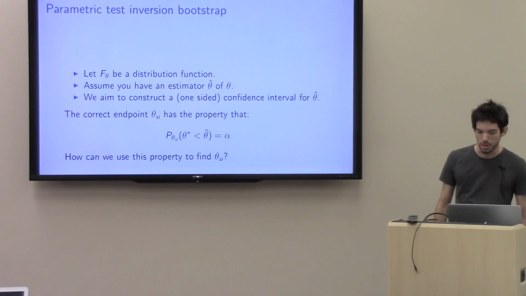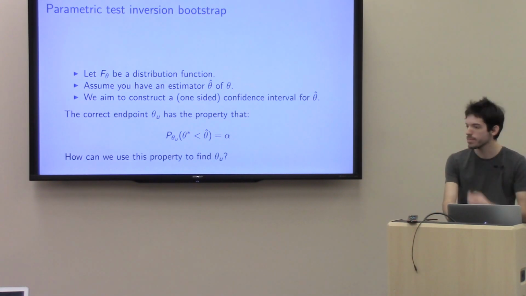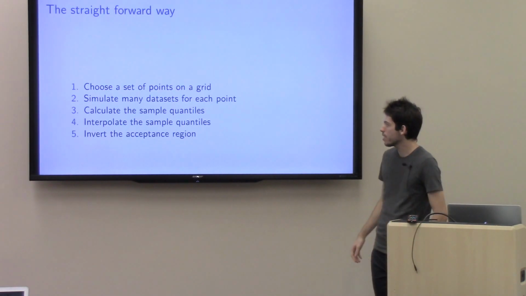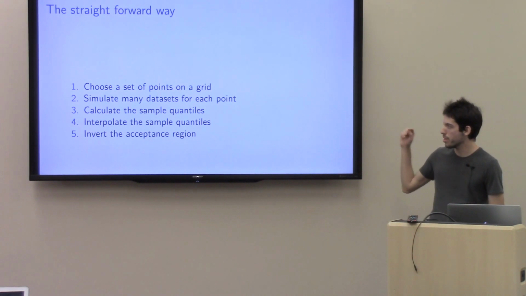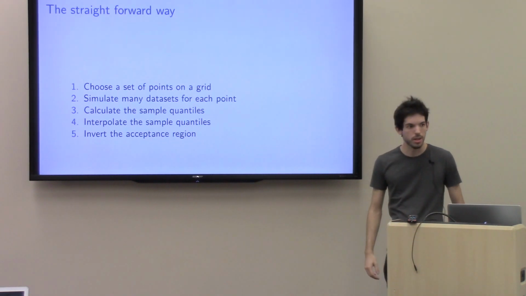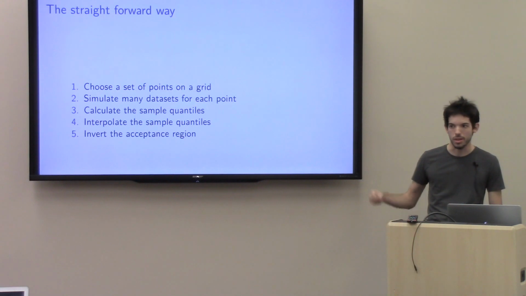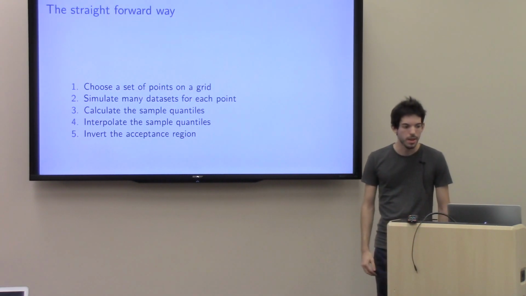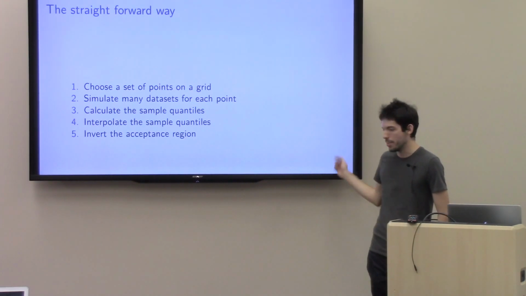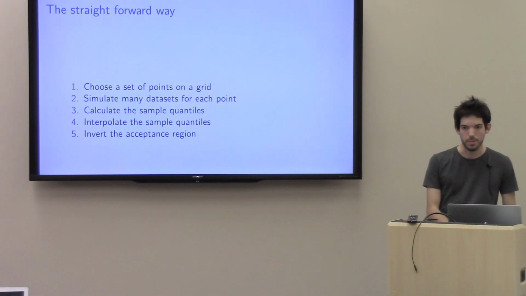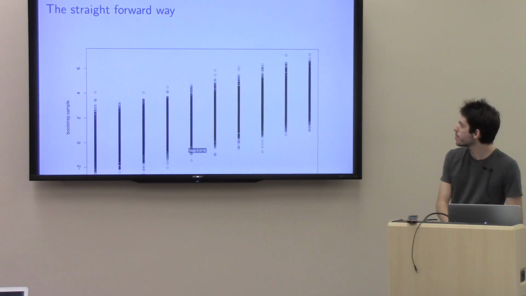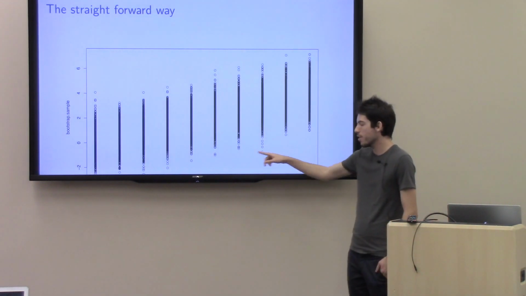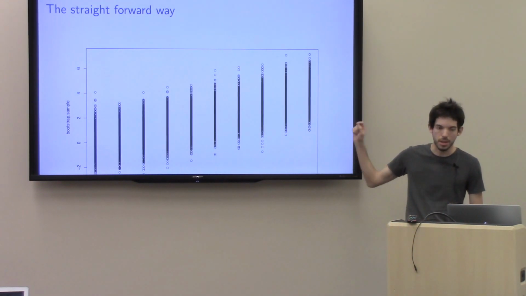Now, how can we use this property to find theta u? The straightforward way, just like Regev described, is to choose a set of points on a grid and simulate many data sets from each point. Then we can calculate the sample quantiles, interpolate them and invert them. So it looks like this. You choose a grid of points, you plug each one into the parametric model.